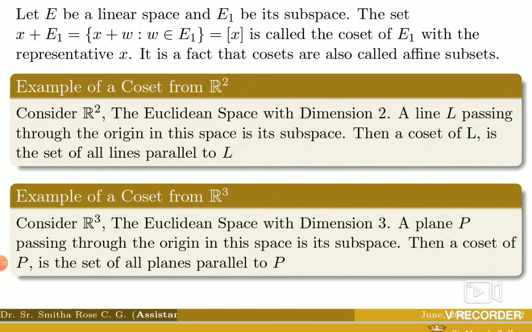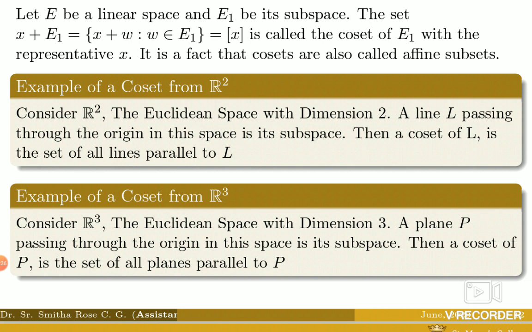Consider R3, the Euclidean space of dimension 3. A plane P passing through the origin is a subspace. A line passing through the origin is also a subspace. Then we have the trivial subspace and the improper one, E itself.